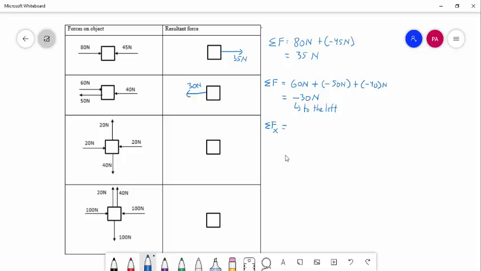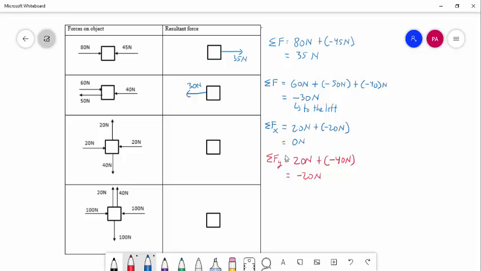There is 20 Newton plus negative 20 Newton. So the total is 0 Newton. For the y-axis, remember, up is positive. So that means 20 Newton plus negative 40 Newton. So the total is negative 20 Newton.